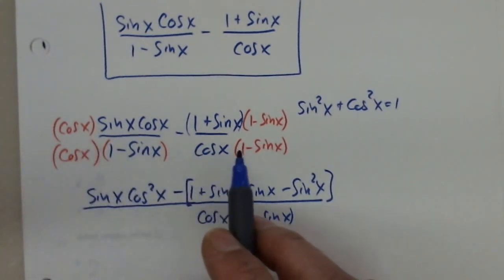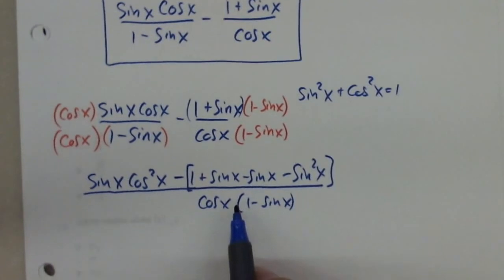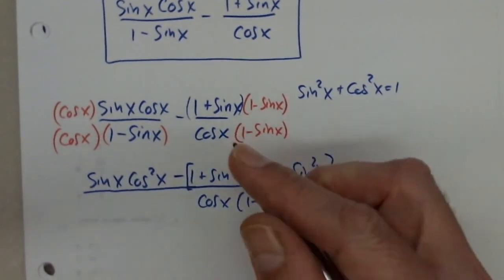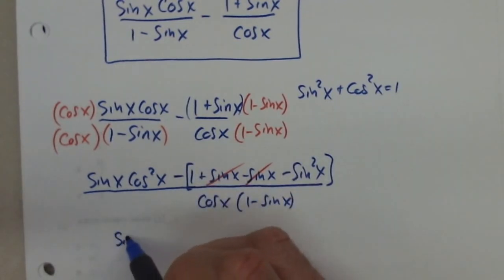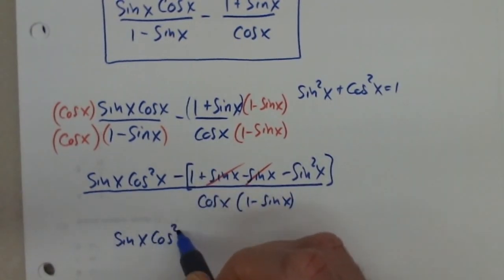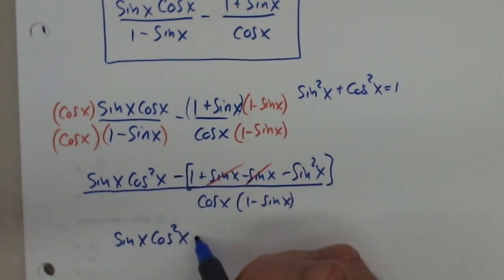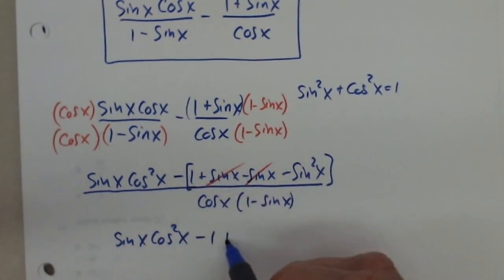Here we have the common denominator. I only wrote it once. And sine minus sine cancels. Then we're going to go minus 1 and plus.